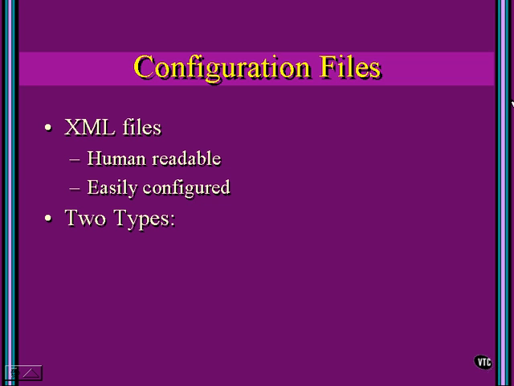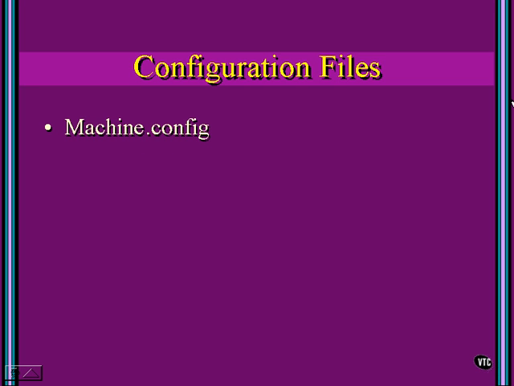Now, there are two types of configuration files in an ASP.NET web application. First of all, there's machine.config. And then there's web.config. And these are mainly the two places that you're going to go to make configuration settings. Now, machine.config is a server-wide configuration file.